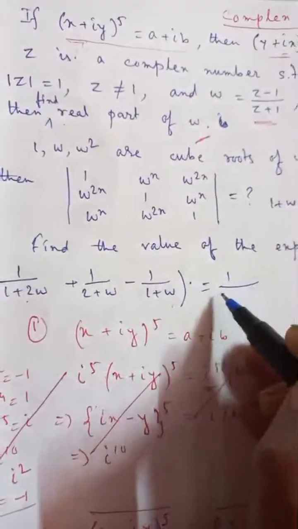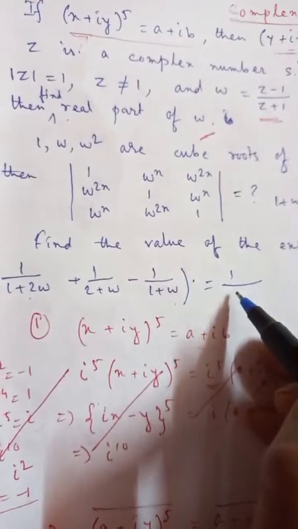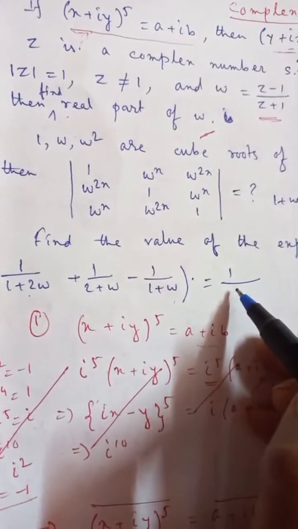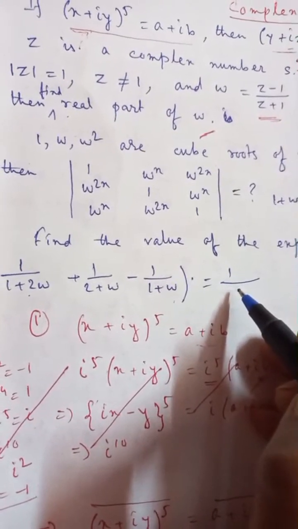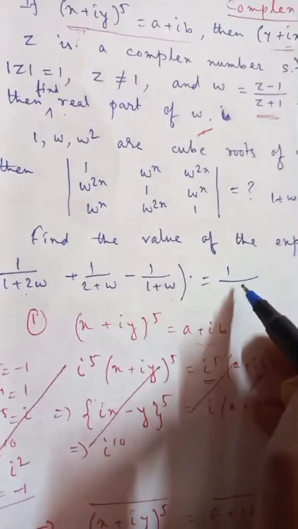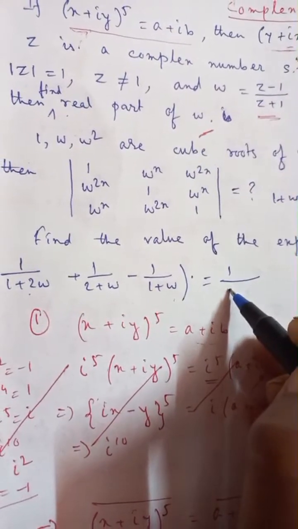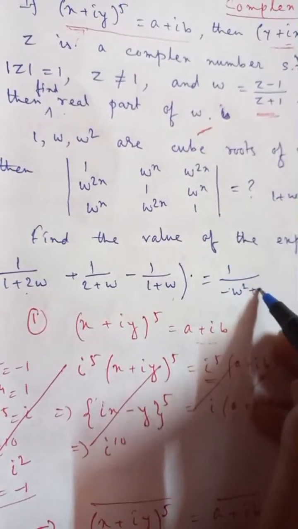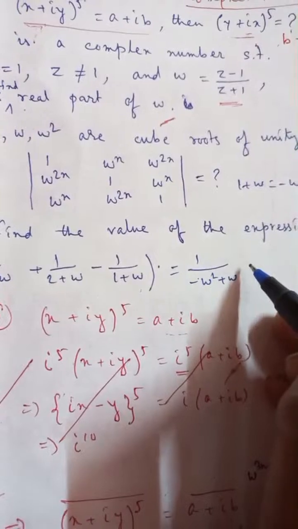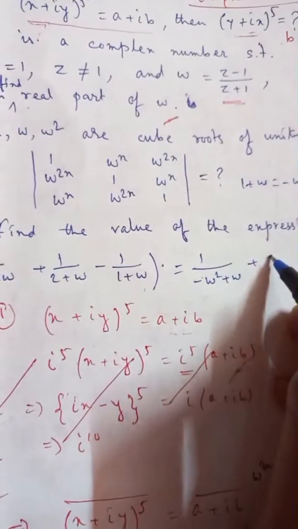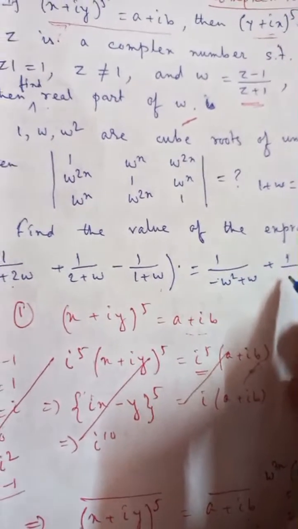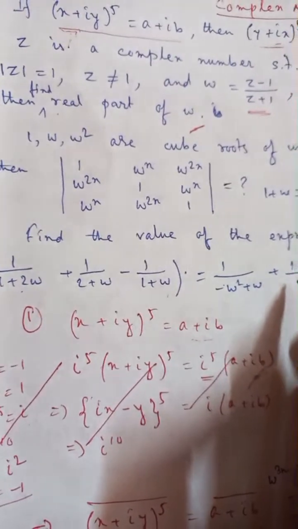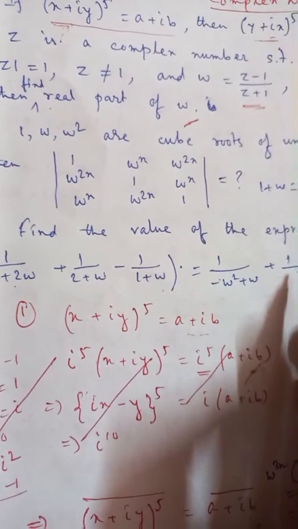This will be 1 plus omega plus omega, so minus omega square plus omega, plus 1 by 1 plus omega, again minus omega square.